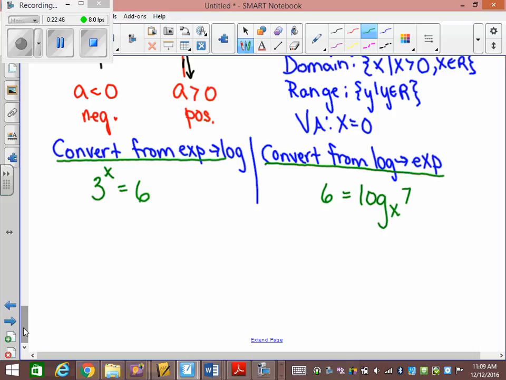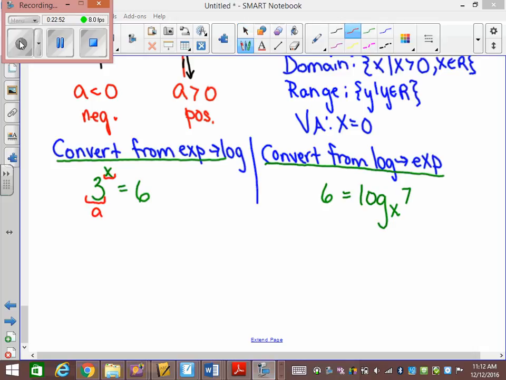Convert. Okay, so this is a to the x and then y. So we get x equals log base 3 of 6. And then this is going to be x, a, y equals x to the 6.